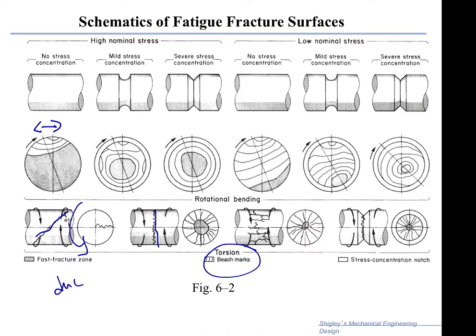So this is ductile here, and this is brittle type behavior. And the telltale is that you get these beach marks that are propagating at an angle to the surface.